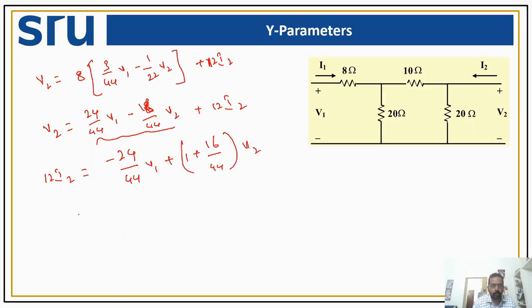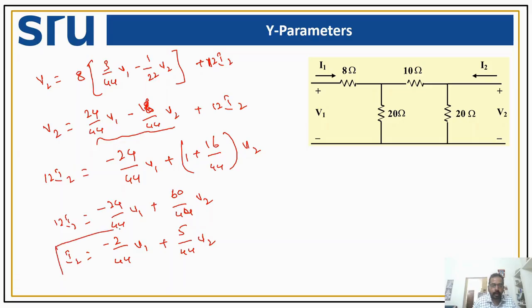So my 12 I2 can be written as minus 24 by 44 V1 plus 44 plus 16, again 60 by 44 V2. So let us bring 12 to this side. So we are going to get I2 equal to minus 2 by 44 V1 plus 5 by 44 V2.